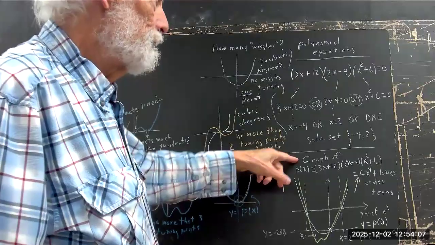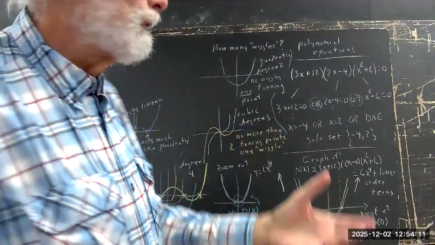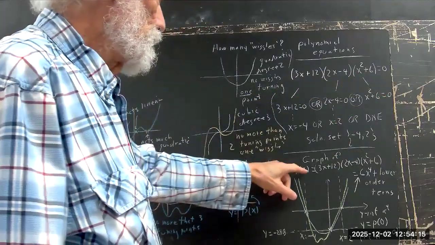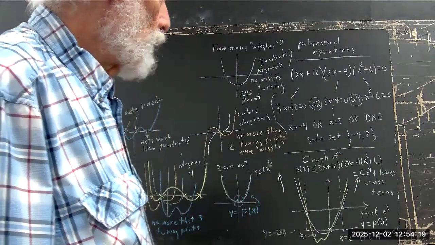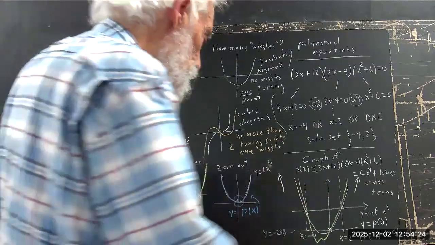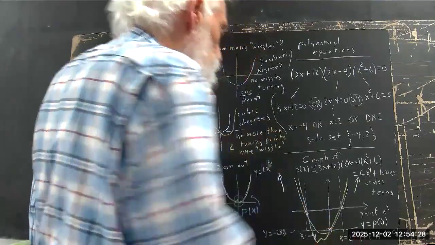So since we've got this solution set, let's go ahead and talk about the graph of this polynomial. Okay, so we want the graph of this polynomial. What do we know? We know that the zeros are at x equals -4 and at x equals 2.